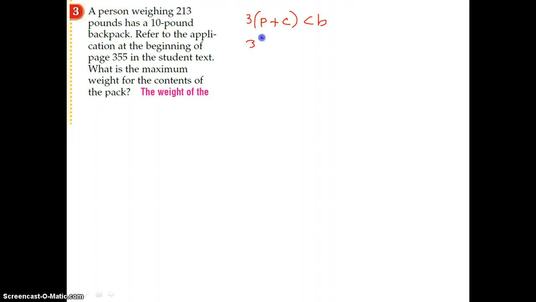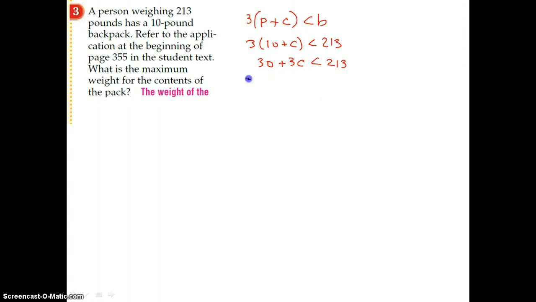So 3 times 10 plus C is less than 213. Using the distributive property first, this would be 30 plus 3C is less than 213.